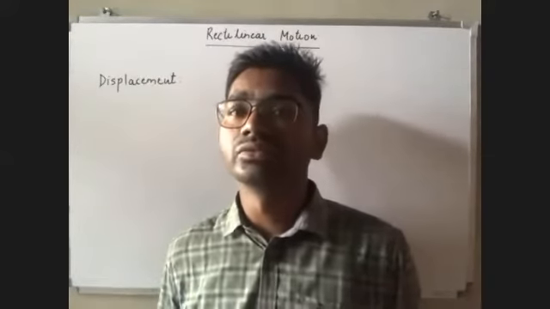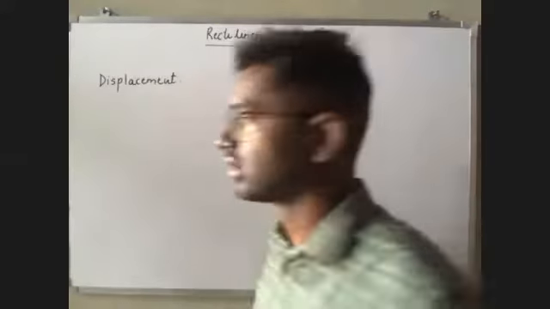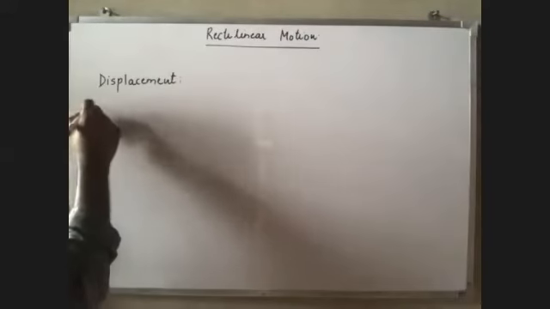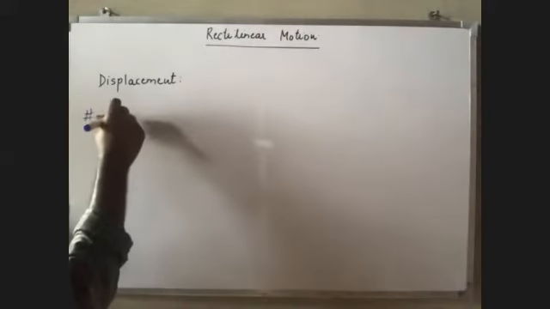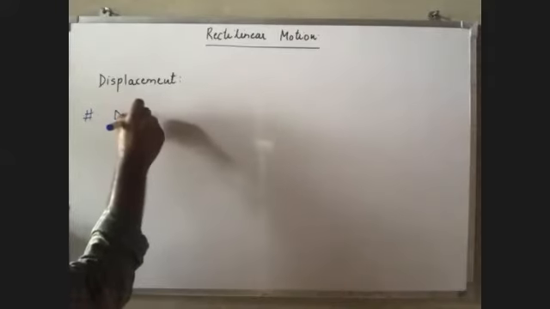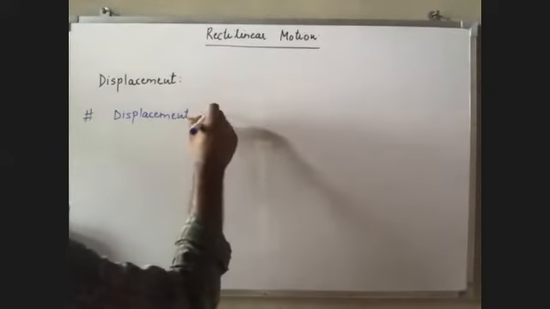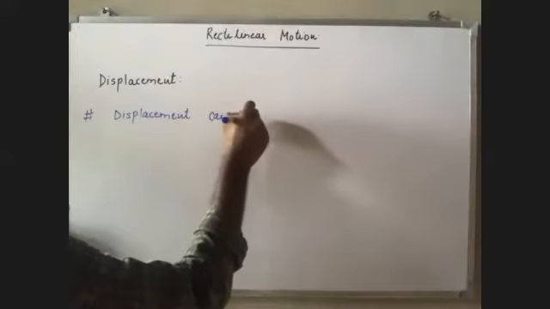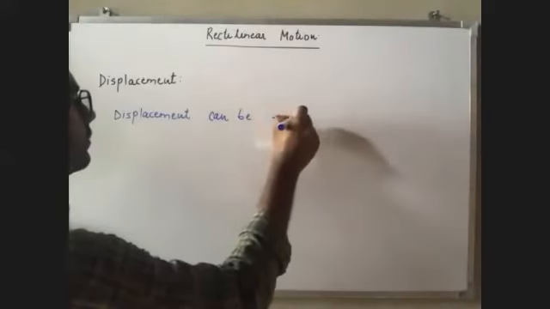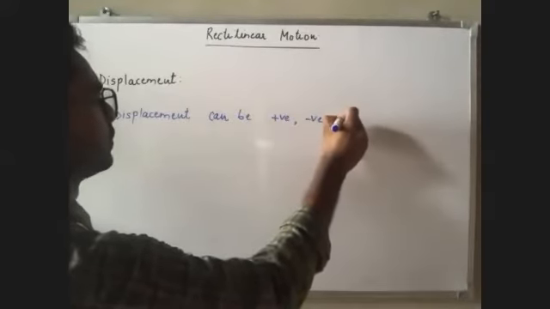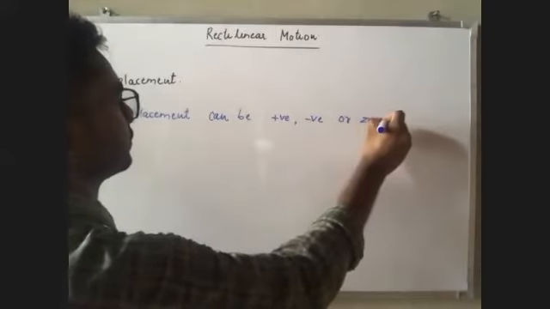Since displacement is a vector quantity, everyone write down a point. Displacement can be positive, negative or zero.